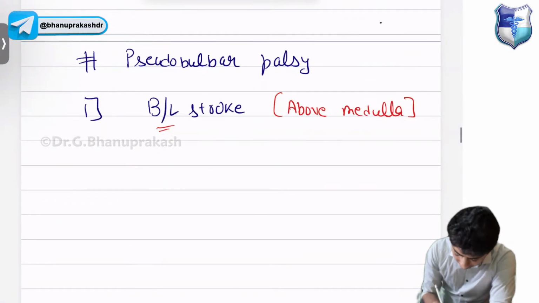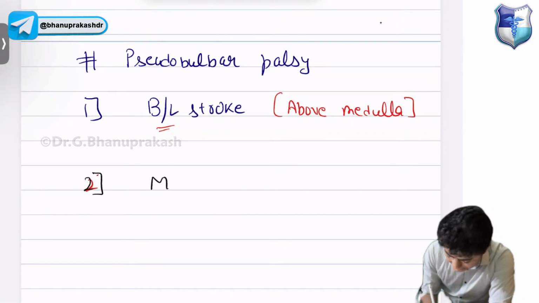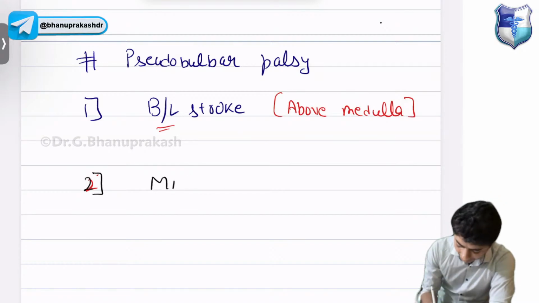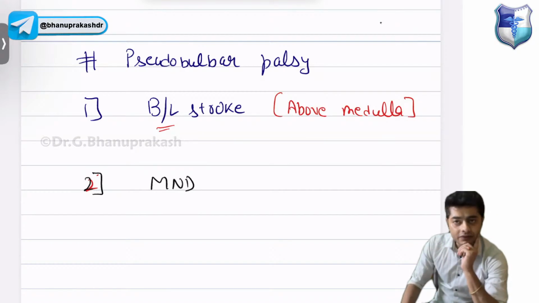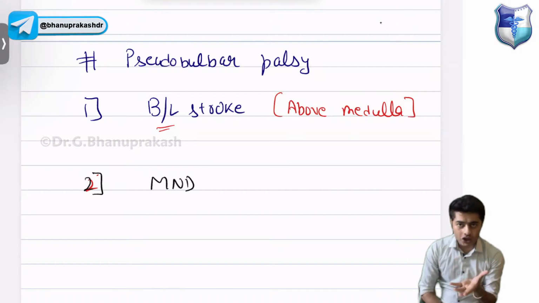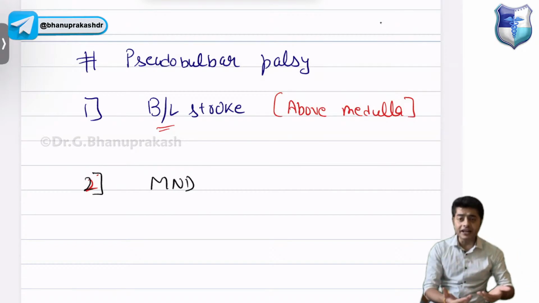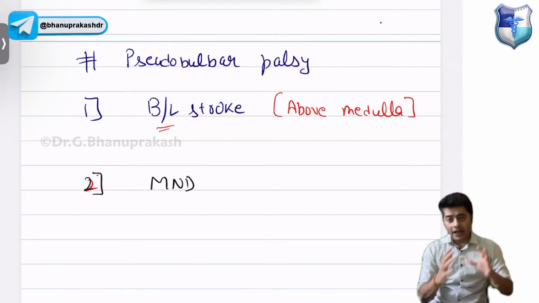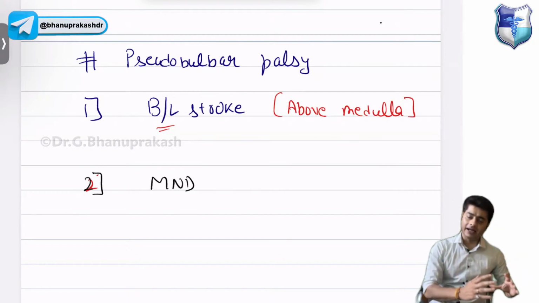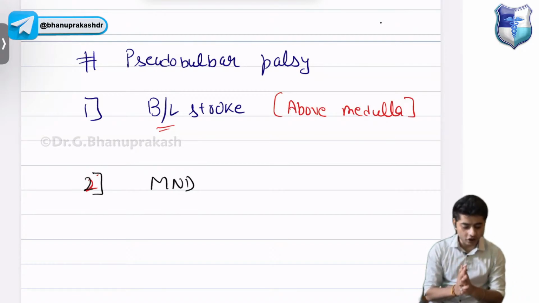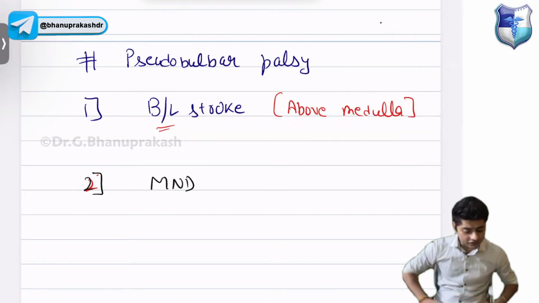Other, we all know there is a disease, that is MND, motor neuron disease. This disease can involve anything. If it involves the anterior horn cell, it will be LMN type. If it involves neurons coming from the cerebral cortex, that is UMN, it can be pseudobulbar. So MND can be pseudobulbar as well as bulbar, depending on which neuron or which nuclei it involves.